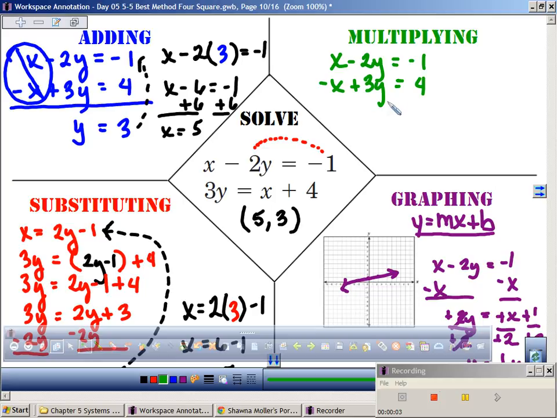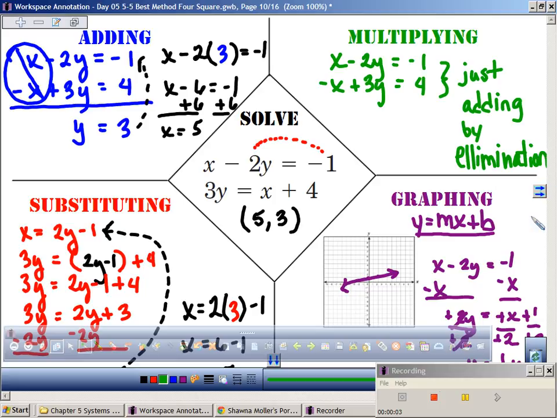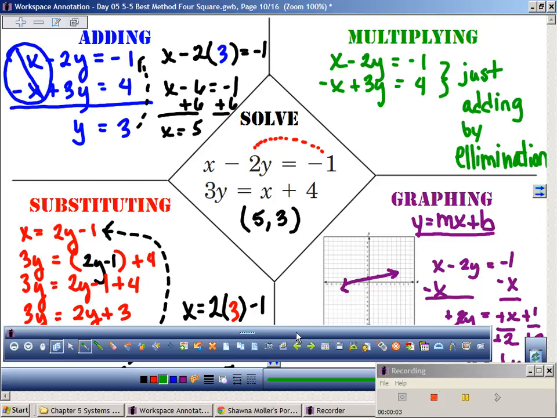I mean, I suppose you could. It would just complicate things. They're already ready to be eliminated, right? And so if we did this problem, we would be doing it exactly like this problem. No different. Okay? So at this point, I would say this is just adding by elimination. Okay? Any questions?